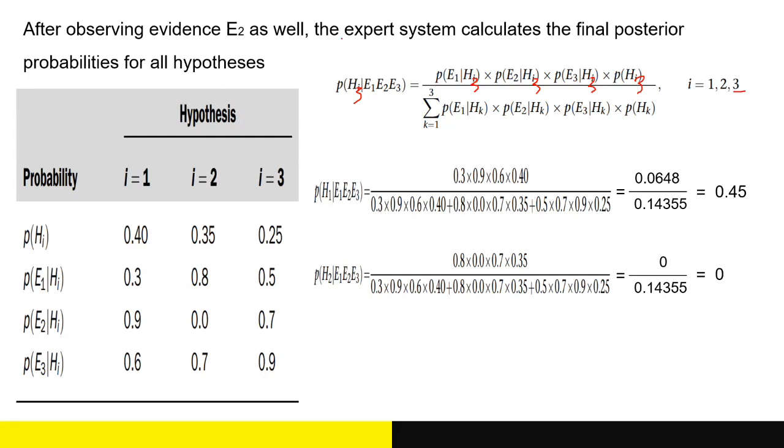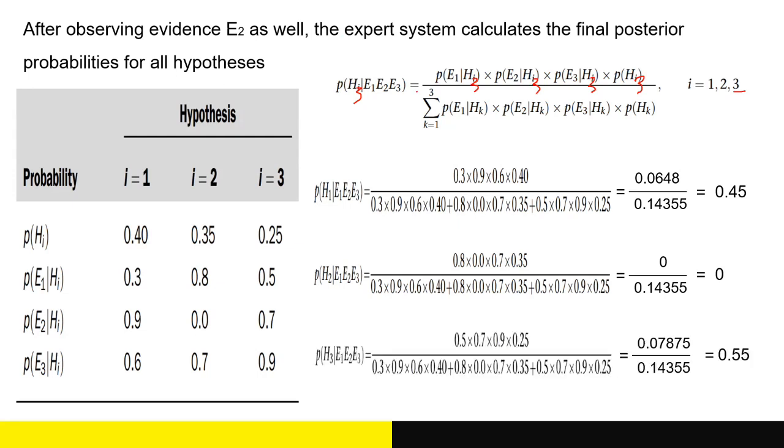So the probability of hypothesis 3 given evidence 1, evidence 2, evidence 3 is equal to the probability of evidence 1 given hypothesis 3, so we have 0.5, and then multiplied by the probability of evidence 2 given hypothesis 3, which is 0.7, and multiplied by the probability of evidence 3 given hypothesis 3, so 0.9, and multiplied by the probability of hypothesis 3, so 0.25.